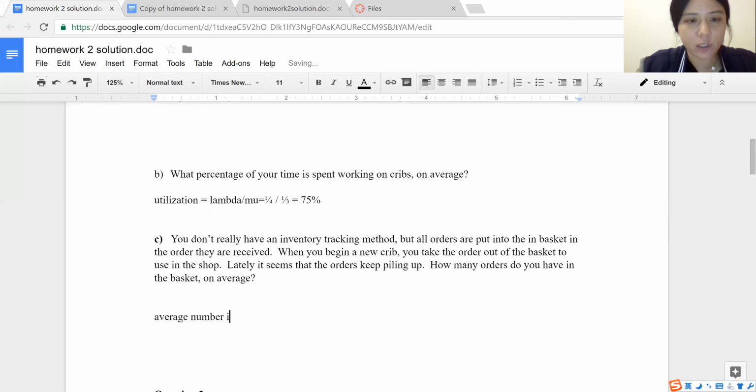Average number in queue equals lambda over mu times lambda over mu minus lambda.